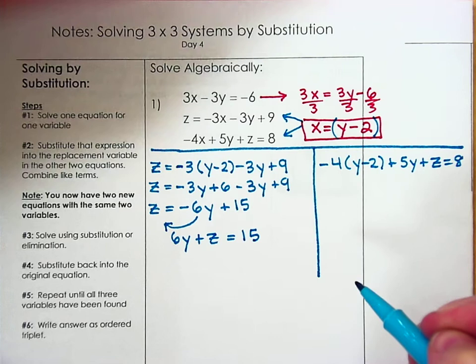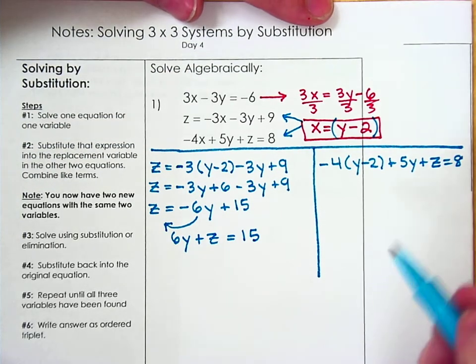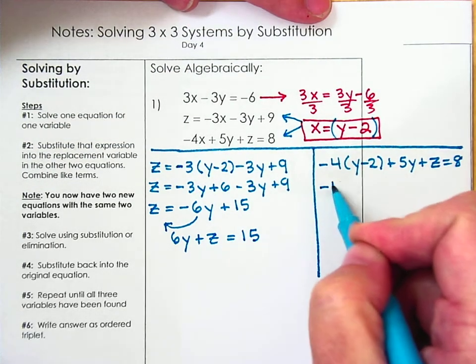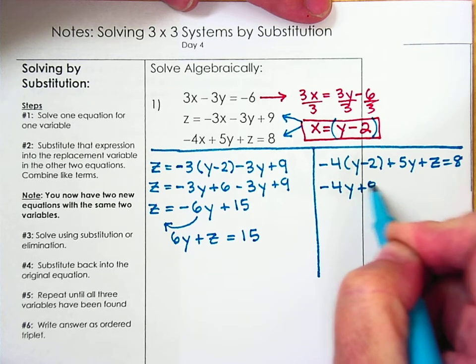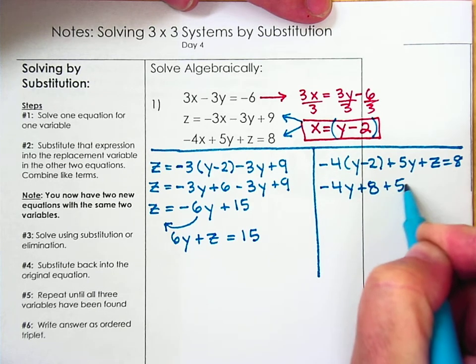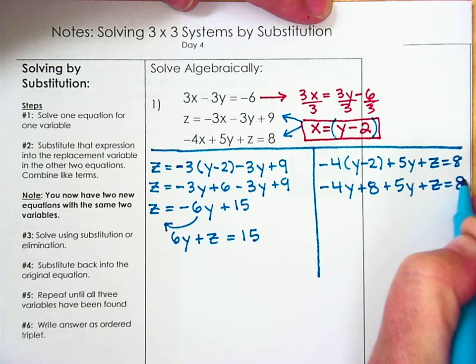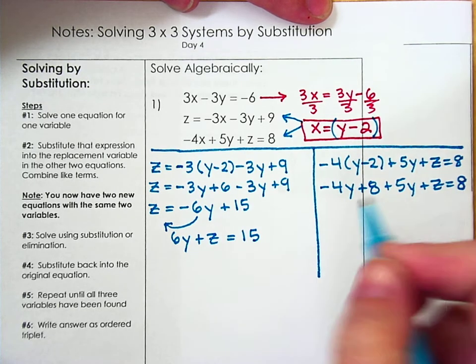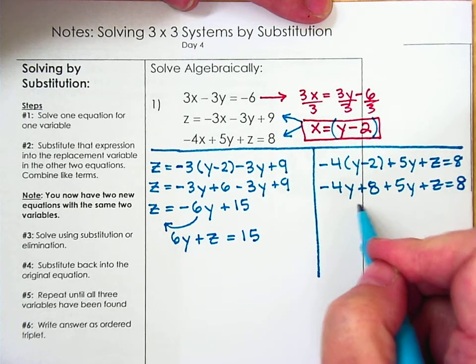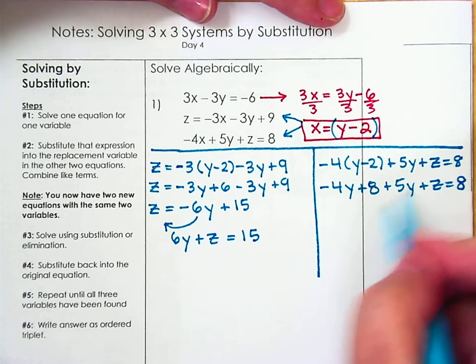Now we're going to do the equation on the right-hand side. We distribute there: negative 4y plus 8 plus 5y plus z equals 8. Let's combine like terms first.